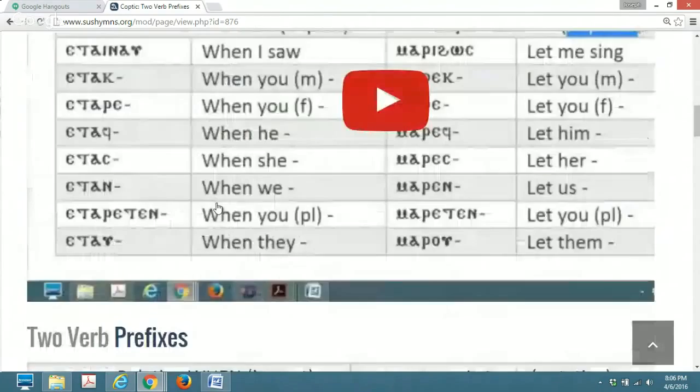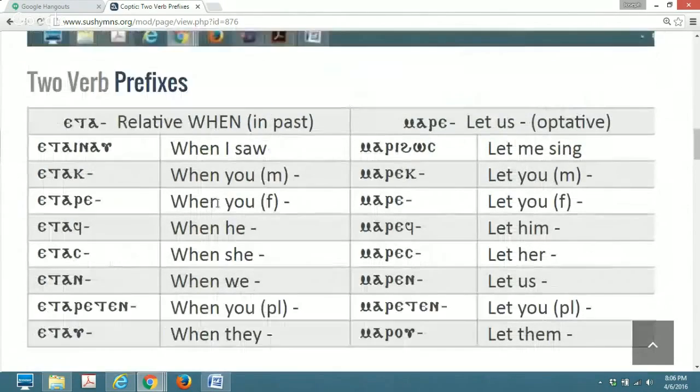So just as a review from last week, we talked about the two different verb prefixes. The relative, which means when, and basically it's like the relative it prefixed to the past tense.